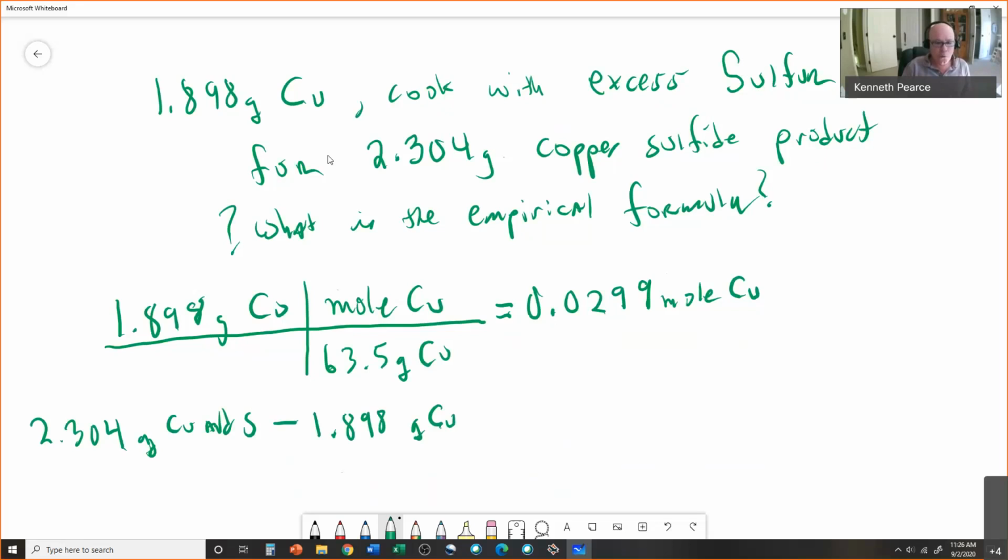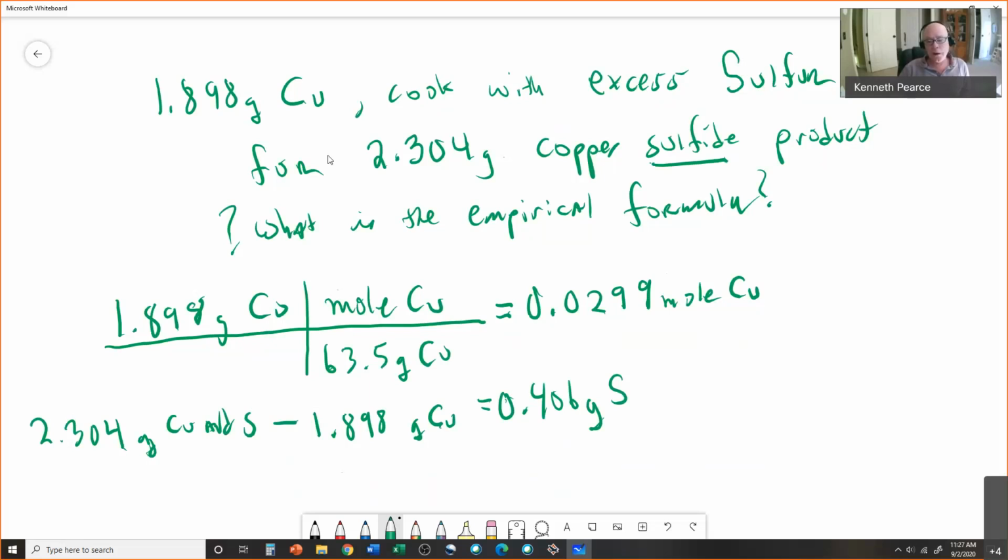The sulfur. So 2.304 grams of the product minus 1.898 grams of the copper gives me 0.406 grams of sulfur, because that is where the sulfur came from.